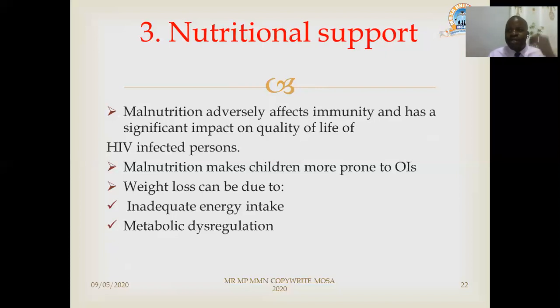And we know that in children, generally, the immune system is already weak. So if you don't give them a balanced diet, then they'll be prone to opportunistic infections. And being HIV positive and having low nutrition levels predisposes them even more to opportunistic infections.